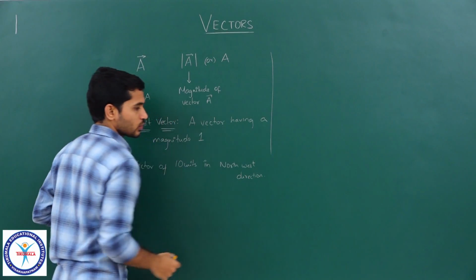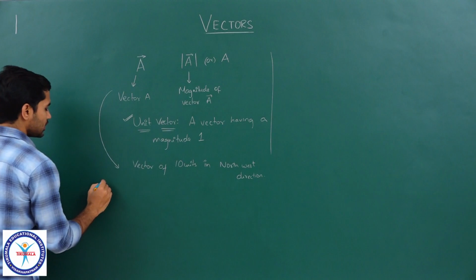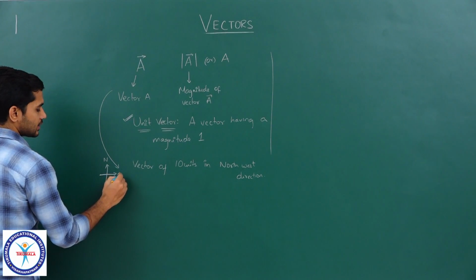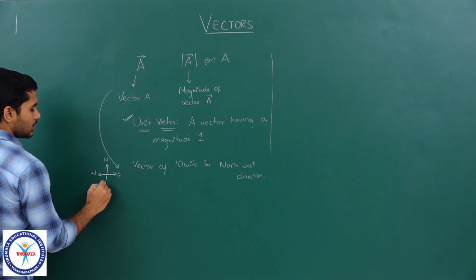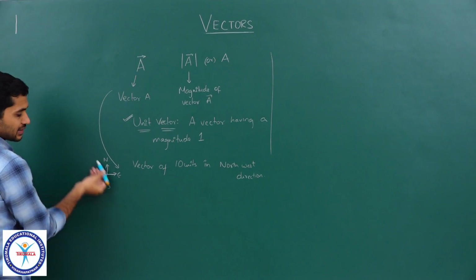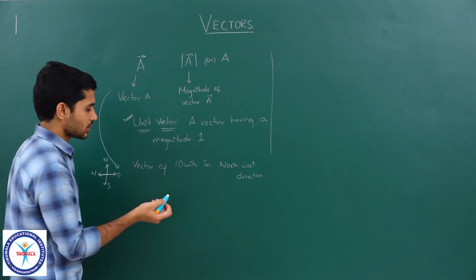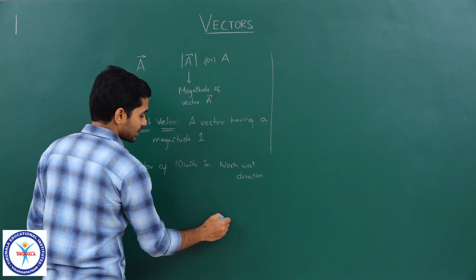You understand northwest, right? If I have this north, east, west and south, northwest means exactly at 45 degrees between north and west. So, this is represented in this manner.